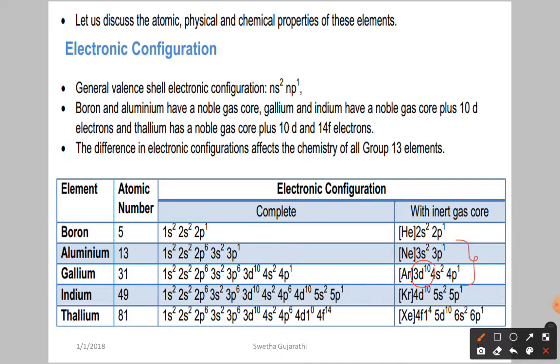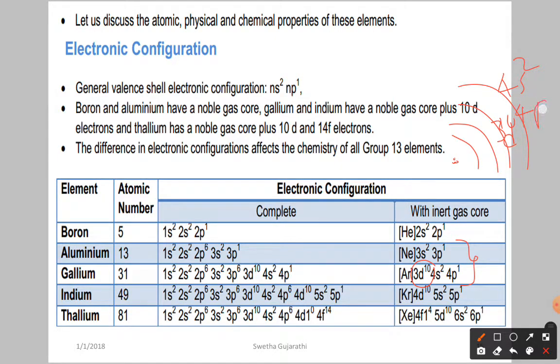What is the screening effect? Here we have the nucleus, then the third shell, 3d10 in the case of gallium, and after that 4s2 4p1.